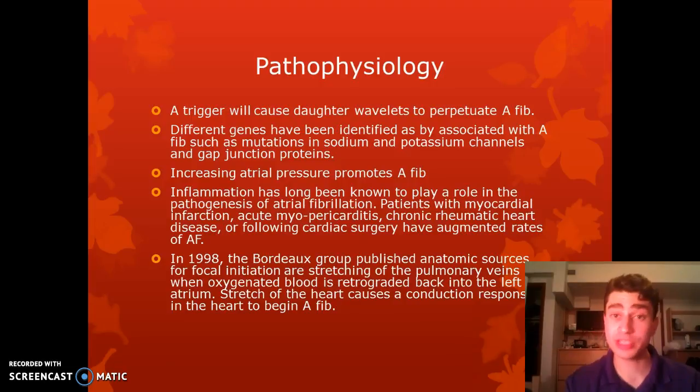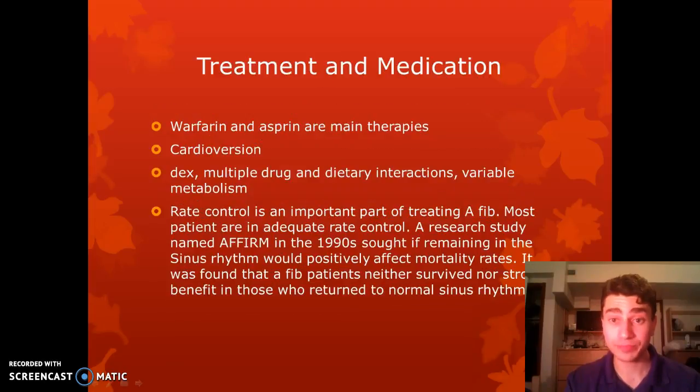They found a stretch response in the pulmonary veins that were oxygenated: when the veins were stretched out, which would occur from regurgitation of blood coming up from the AV valves back into the atria, it would cause an increase in pressure and stimulate the heart to pick up its pace, again causing this out-of-sync rhythm.